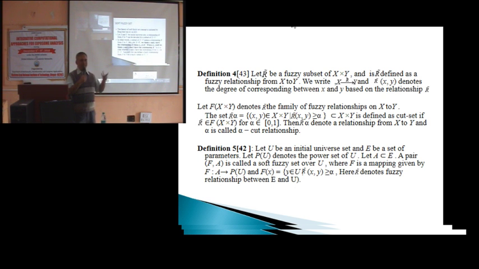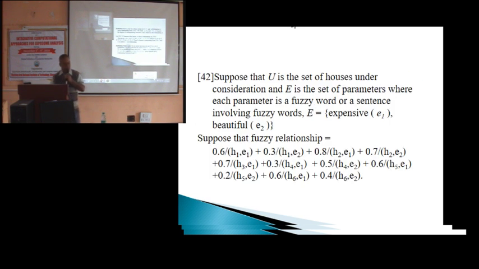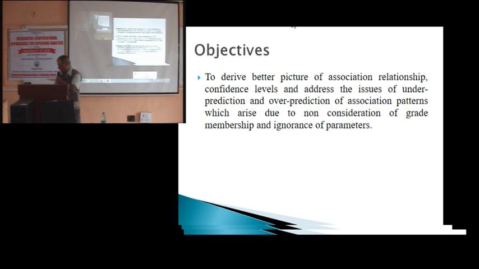And then my parameters are also fuzzy. How much cheap, how much durable, and how much attractive. So fuzzy, soft, fuzzy. And then, this type of work we have already done. These things we have done here.